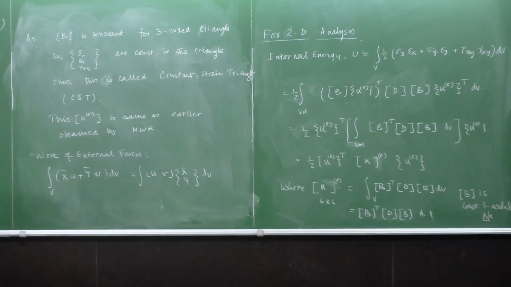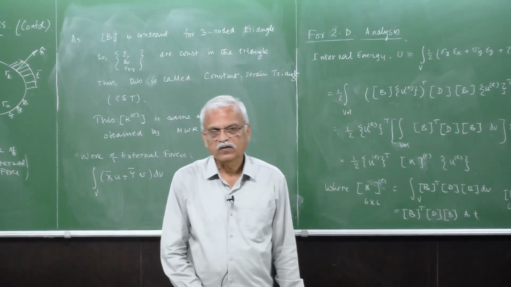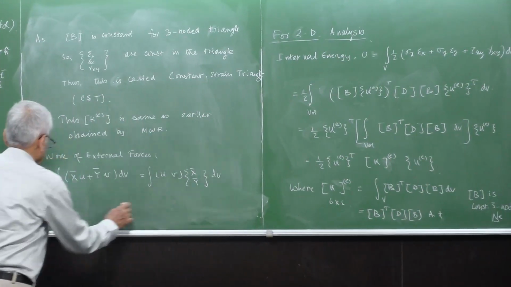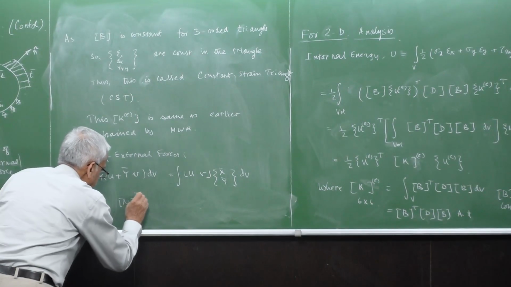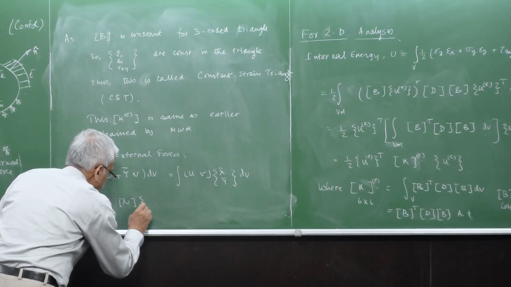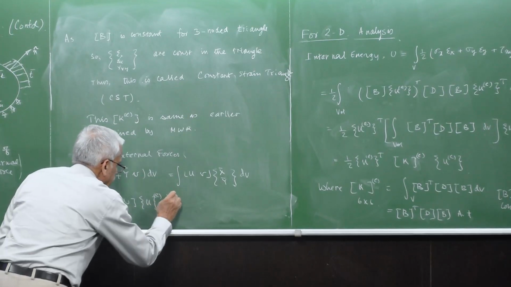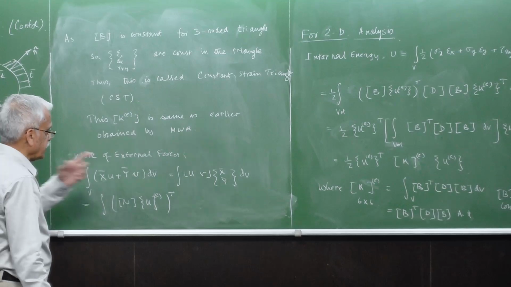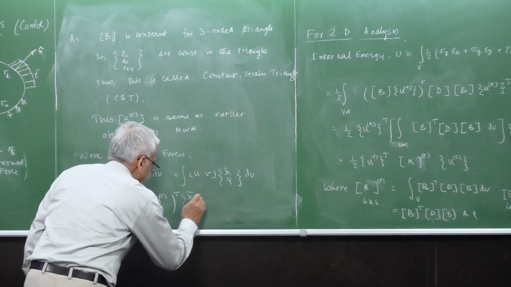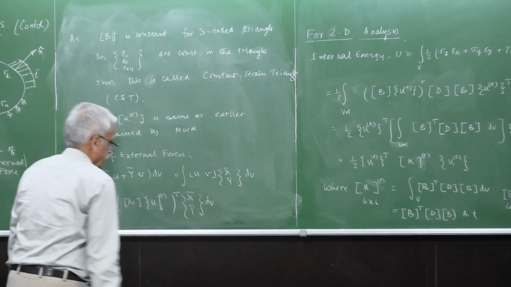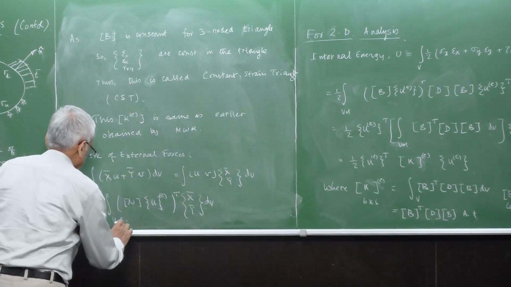Okay, so UV is N times nodal displacements. So here this can be written as, and transpose of that, right? UV and multiplying X bar. Okay, so this is over volume of the element.